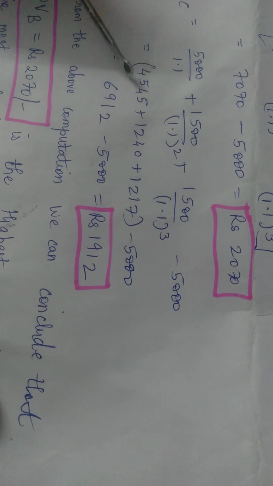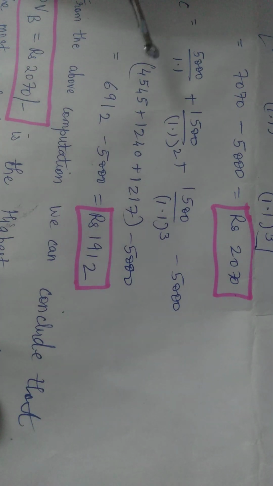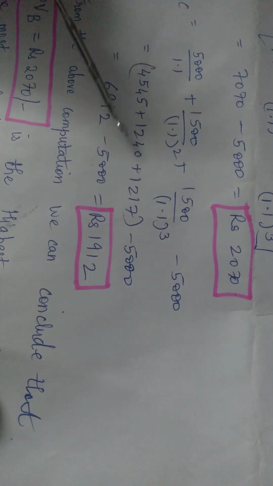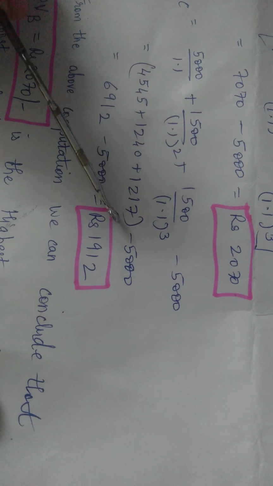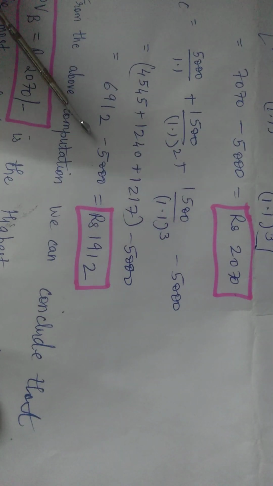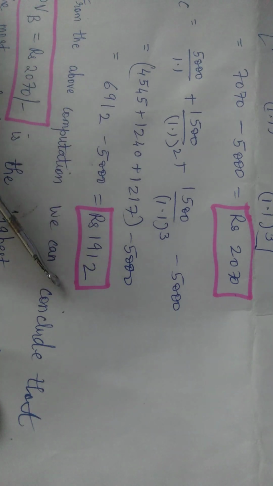These are approximated values; we have ignored the fractions here. Therefore 4545 plus 1240 plus 1127 and minus 5,000 of course. So finally the total addition is 6912, minus 5,000, which we get as 1912.